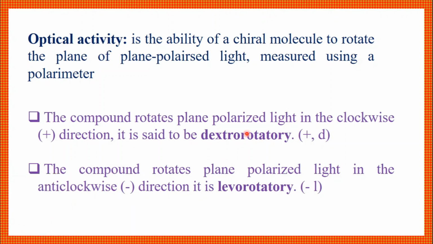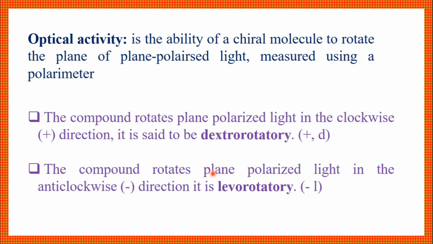Dexter is a Latin word which means right hand side, and laevo is a Latin word which means left hand side. Dextro means the compound rotates the plane polarized light to the right hand side, and that compound is called a dextrorotatory compound.